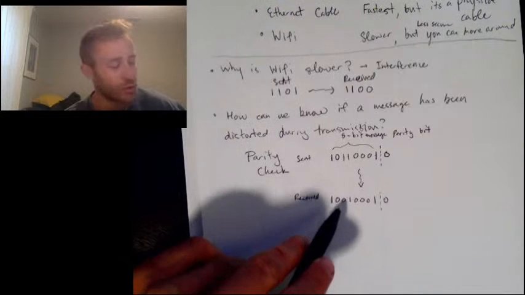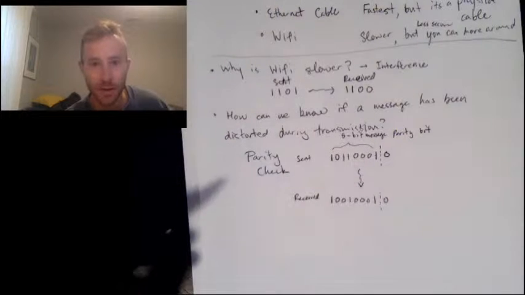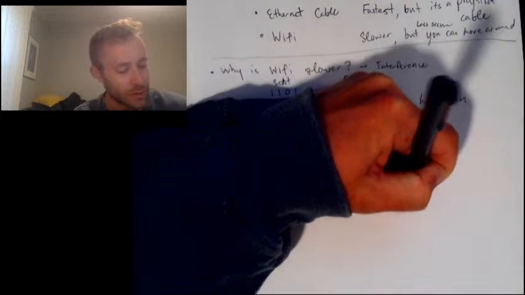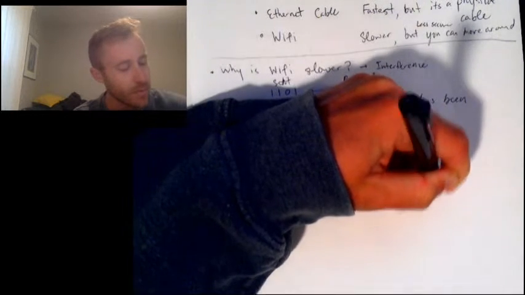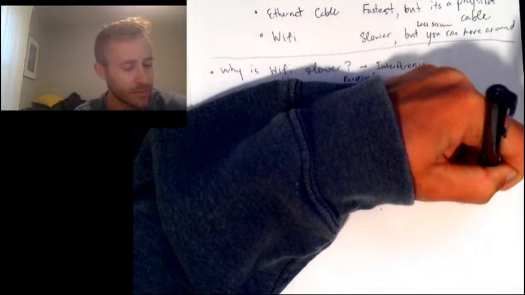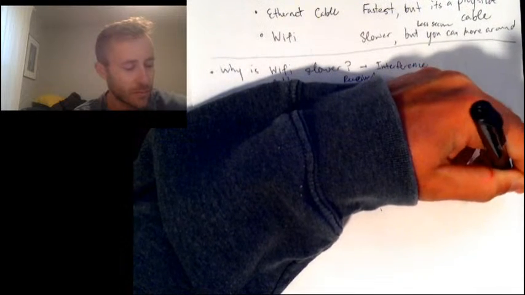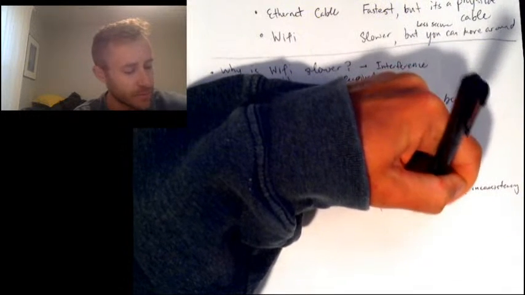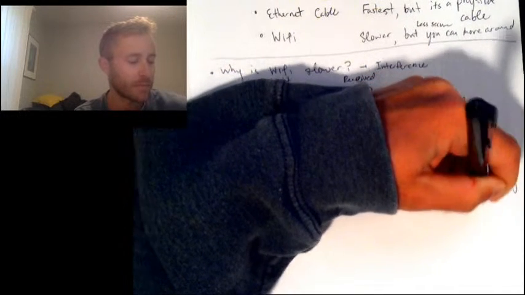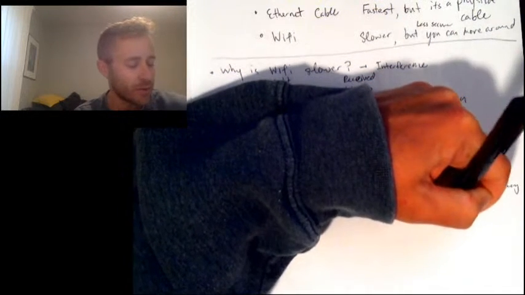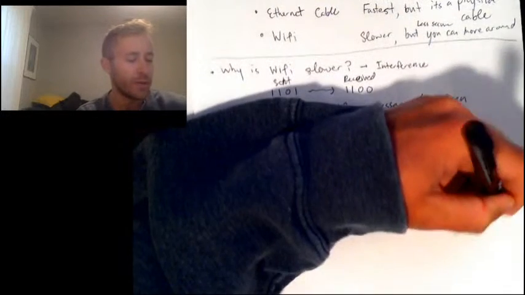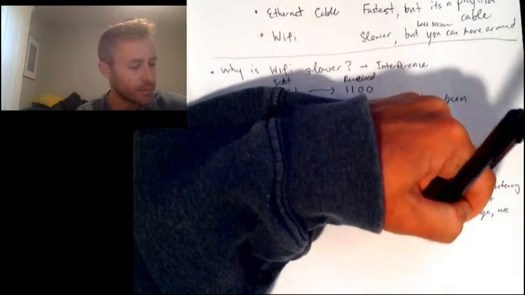So the parity bit should be 1, but it's 0. Because there is inconsistency between the parity bit and the message, we know it has been distorted.